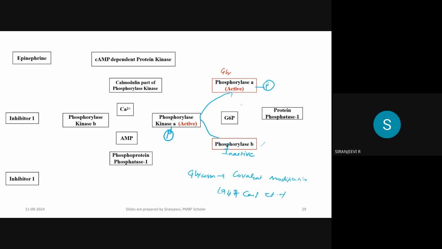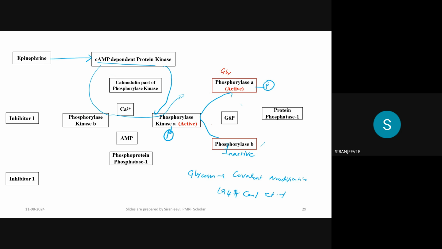So how is this phosphorylase kinase phosphorylated? Because of epinephrine. Whenever epinephrine is there, it will activate the cyclic AMP dependent protein kinase. This protein kinase will phosphorylate this enzyme, then it will get activated. If cyclic AMP dependent action is not there, then this will not form.